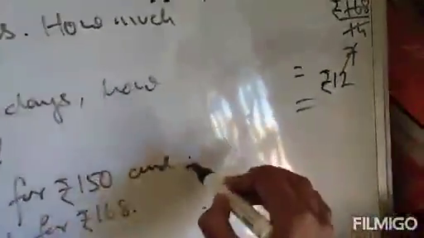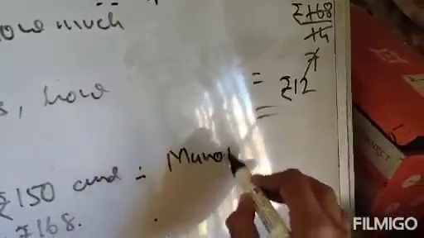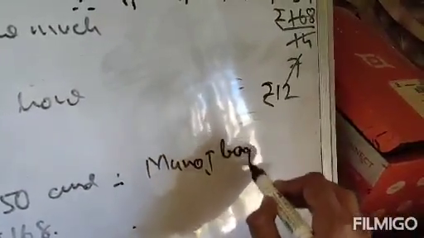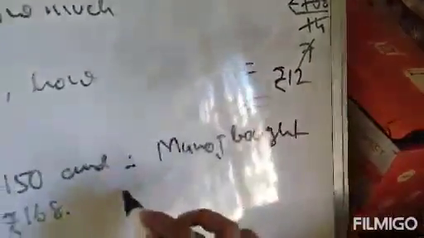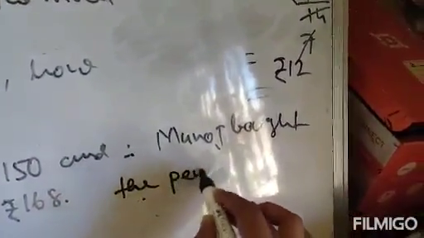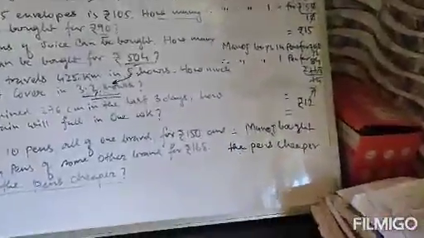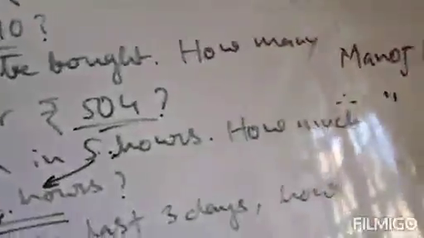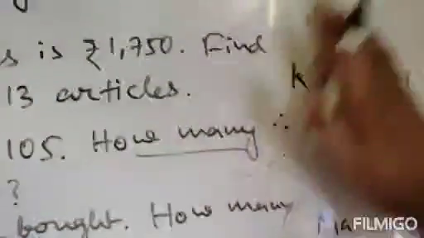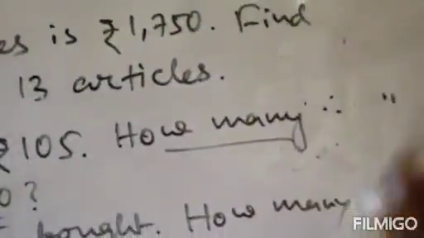Now the answer is Manoj bought the pens cheaper. Clear? So question number 12 is also complete, and with this your first exercise of the unitary method chapter is complete.